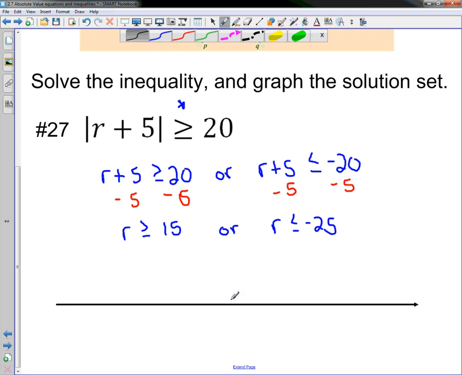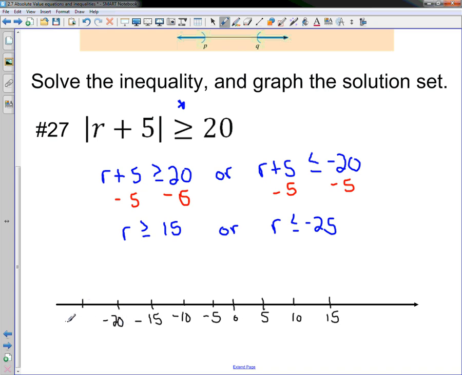So I have 0. I'm going to go up by 5s, and then we'll go the direction in the negative. Okay.